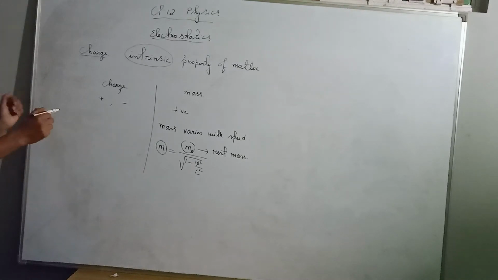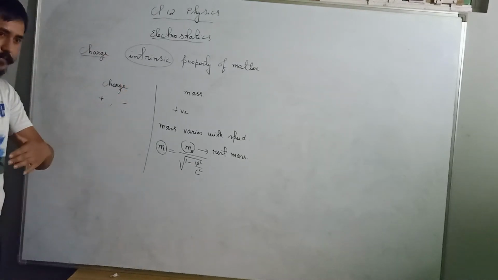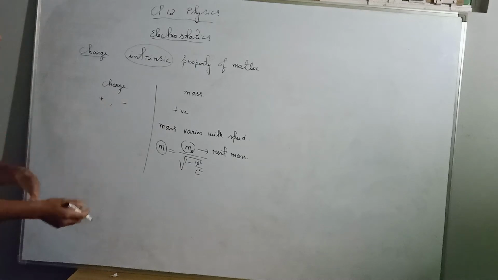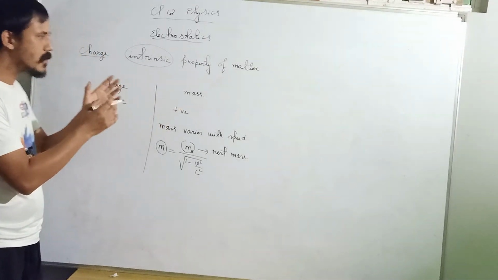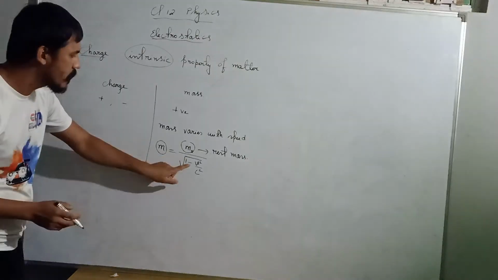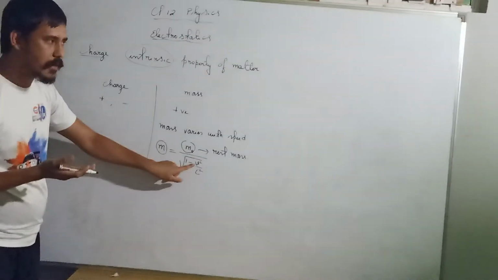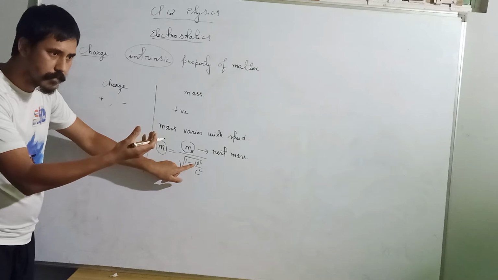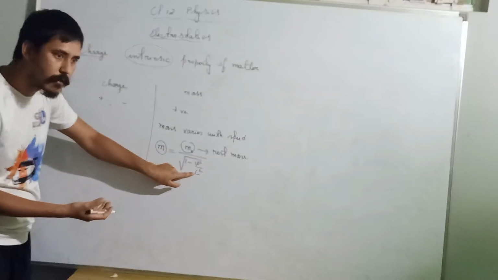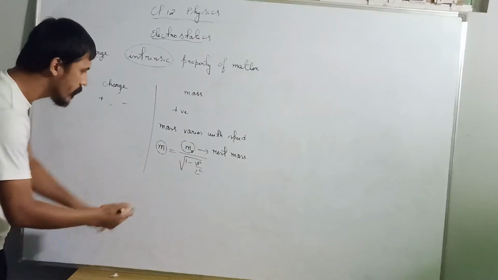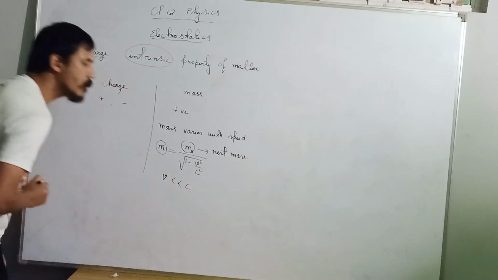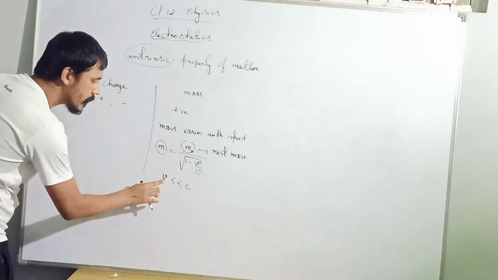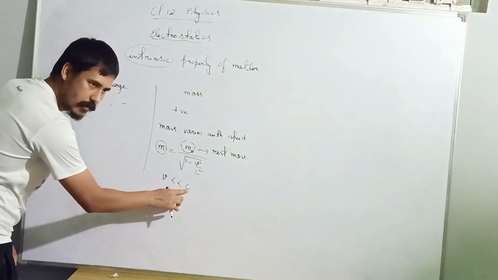In class 11 you have studied the flow of water and the oscillation of a simple pendulum. These are large bodies, and as they move, their speed is very low as compared to the speed of light, right? If v is very, very small as compared to the speed of light, then v can be neglected as compared to c.